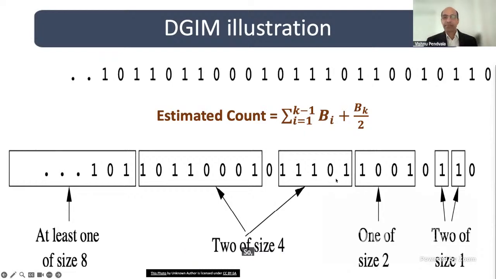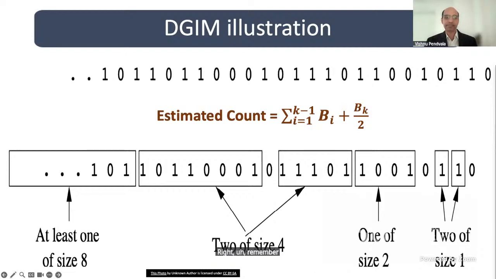So the timestamp can be saved in how many bits? If there are n bits, the timestamp can be saved in logarithm of n number of bits, right? So we need an order of logarithm of n bits to store the timestamp. And to store the number of ones between its beginning and end, we need logarithm of n, right?